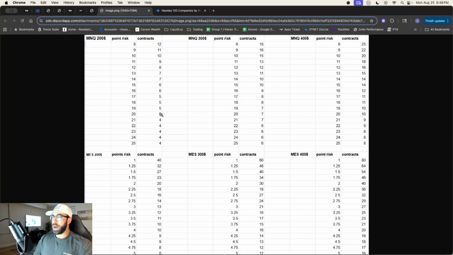Because 5 times 2 is 10, times 20 is 200, right? Because you're trading on the micros. So 5 micros is 2 times 5. So you're trading $10 now per point, times the 20-point stop loss is a $200 risk. Does everyone understand that? Is that confusing for anybody?